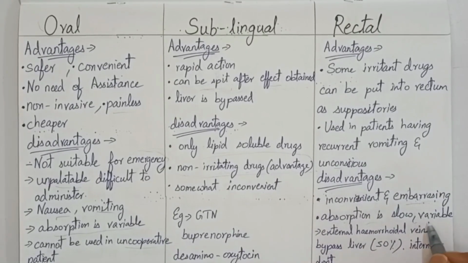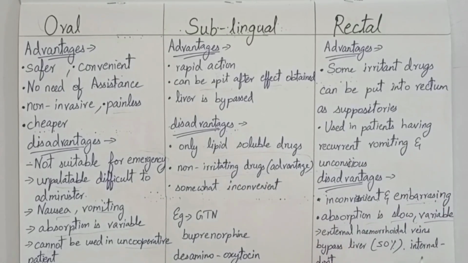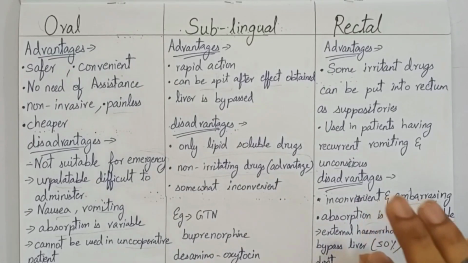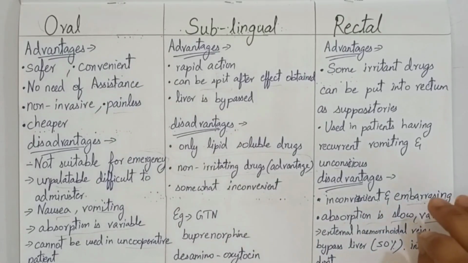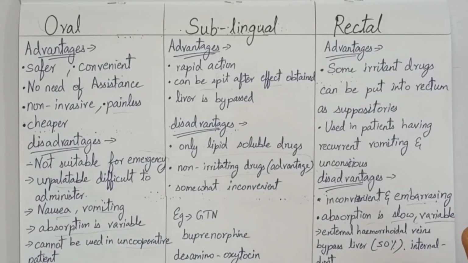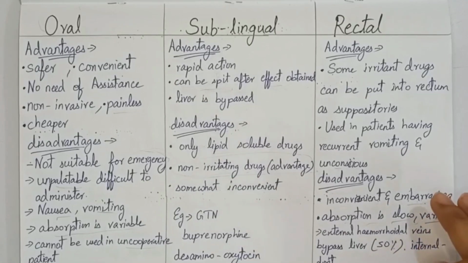Absorption is slow and variable, because there are two types of veins in the rectum: external hemorrhoidal veins and internal hemorrhoidal veins. When the drug is absorbed into the external hemorrhoidal veins, it bypasses the liver.